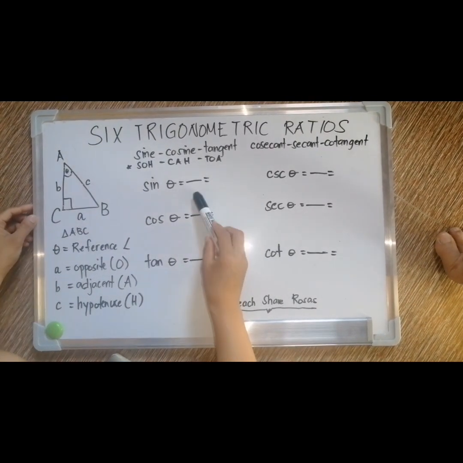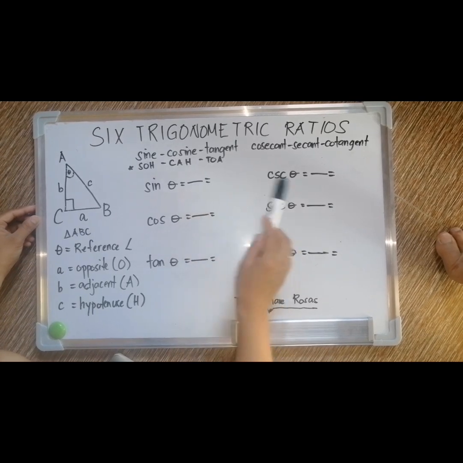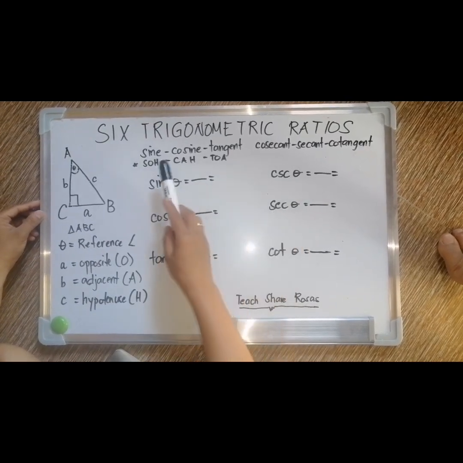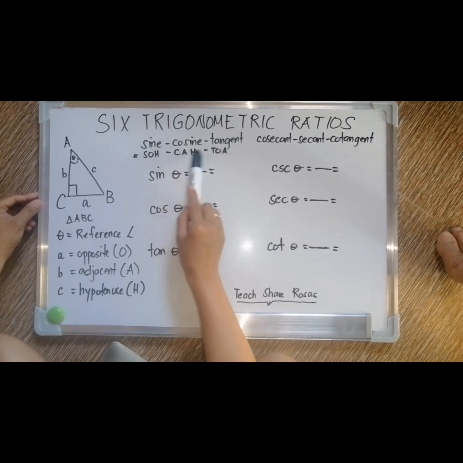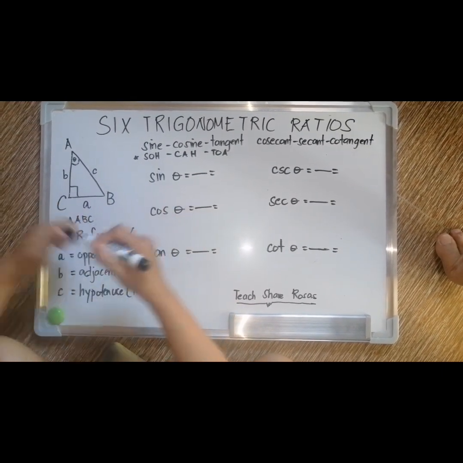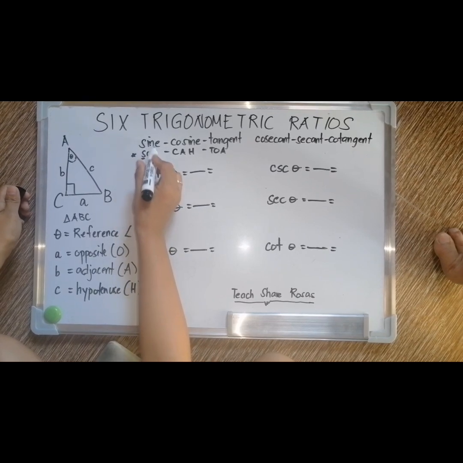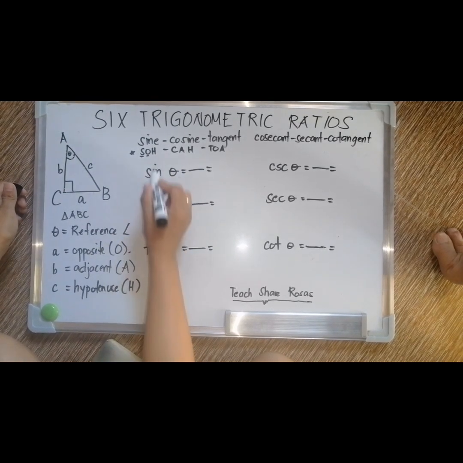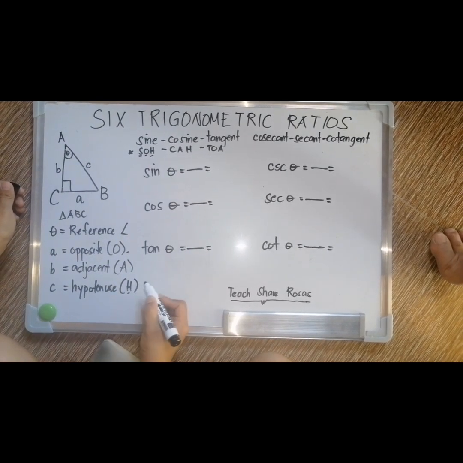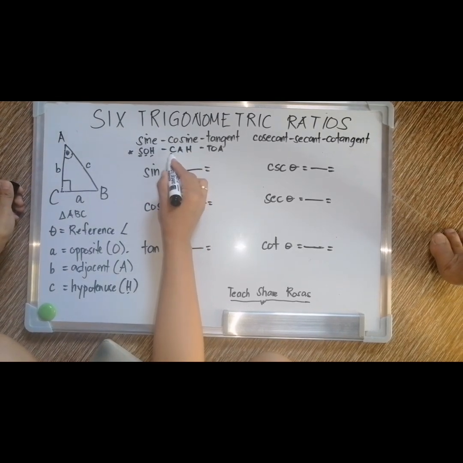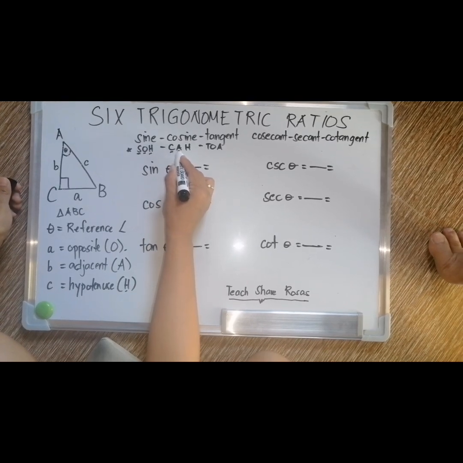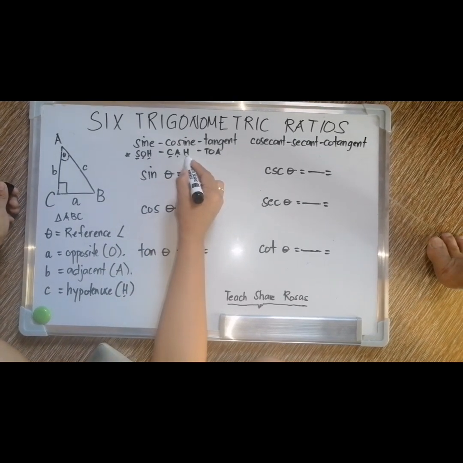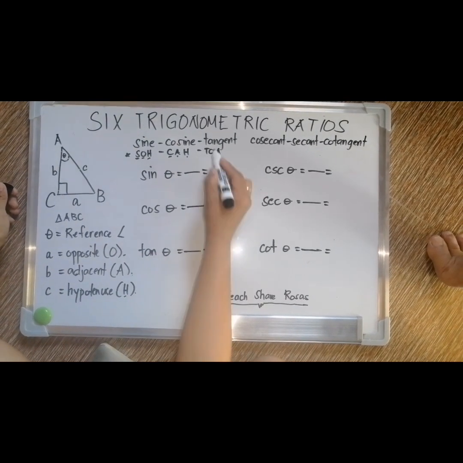Now let's move on to identifying the 6 trigonometric ratios. Now remember the mnemonic device, SOH-CAH-TOA. So here, S for sine, O for the opposite, H for the hypotenuse. Cosine is C for cosine, A for adjacent, and H for the hypotenuse.